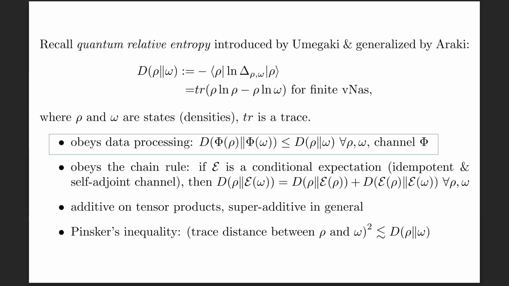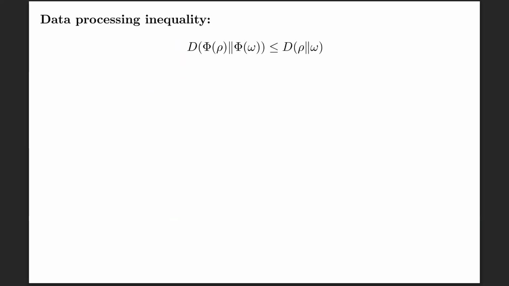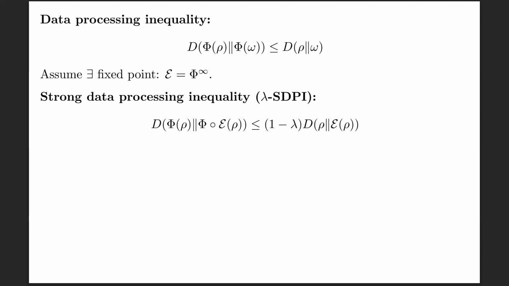I want to emphasize this data processing inequality because much of the recent work has been looking at what happens when we strengthen it. And in fact, this is what we might call a strong data processing inequality.